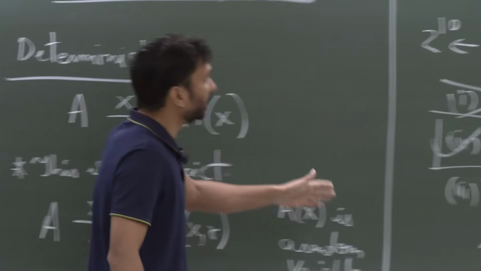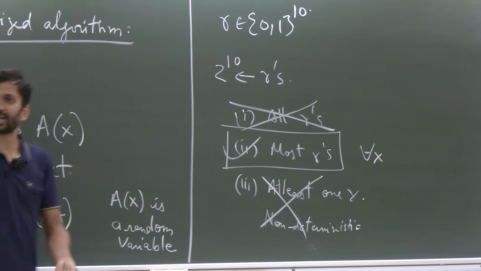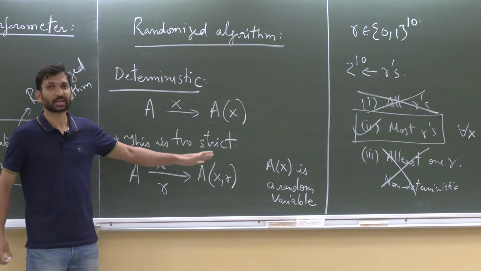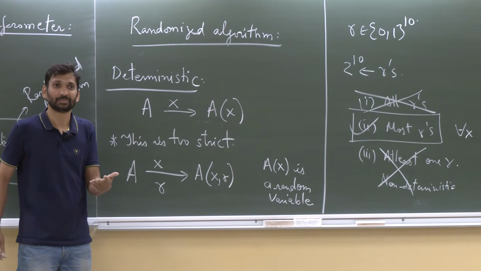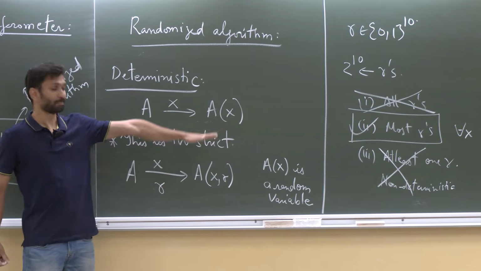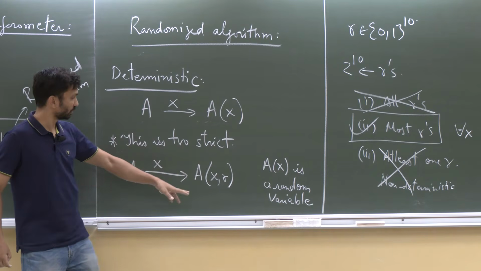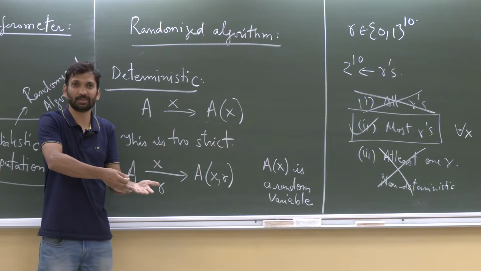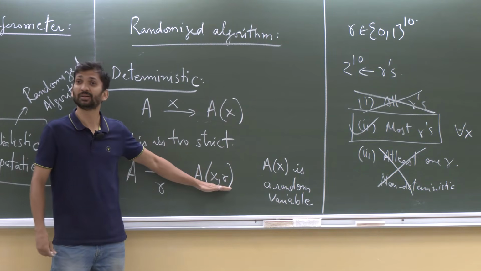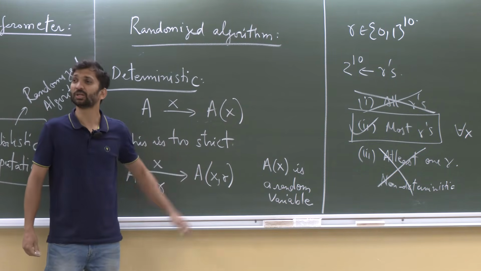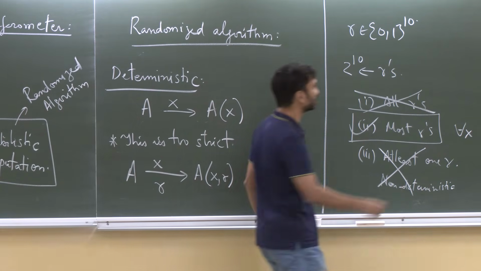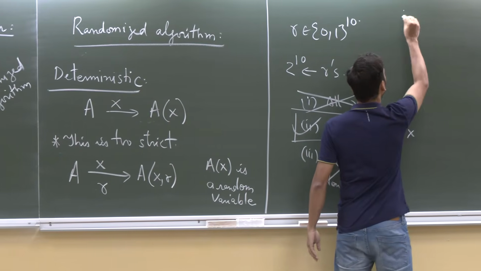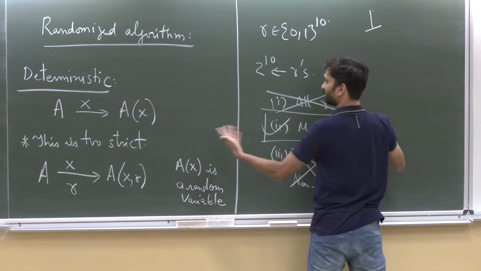The other way in which I can relax this notion of correctness is, you will always compute correctly, but your expected time is small. For some R, you might take small time. For some R, you might take more time in computation. Your expected time is small. So another, orthogonal way of relaxing correctness.